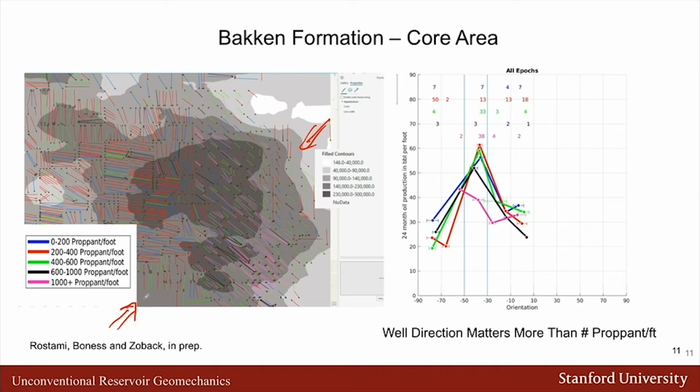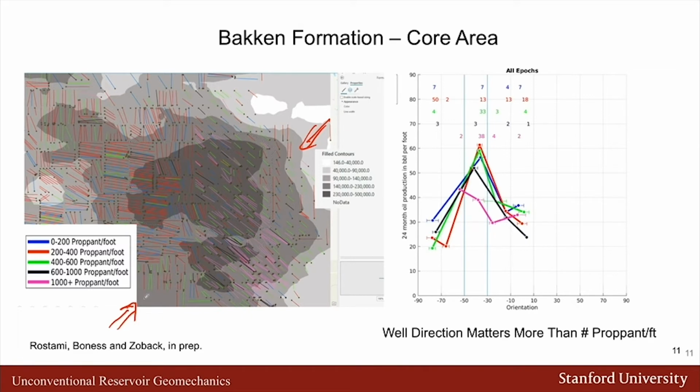Now on the right, we're looking at 24-month oil production in barrels per foot of well. Most of the wells are about 10,000 feet long, but nonetheless we normalized by the length of the well. And we're grouping the wells in these 20-degree bins based on their azimuth.